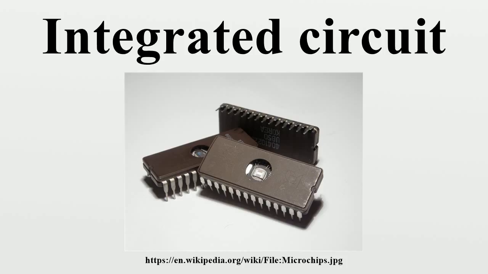In general, as the feature size shrinks, almost everything improves. The cost per transistor and the switching power consumption per transistor go down, and the speed goes up. See Dennard scaling. However, ICs with nanometer-scale devices are not without their problems, principal among which is leakage current.